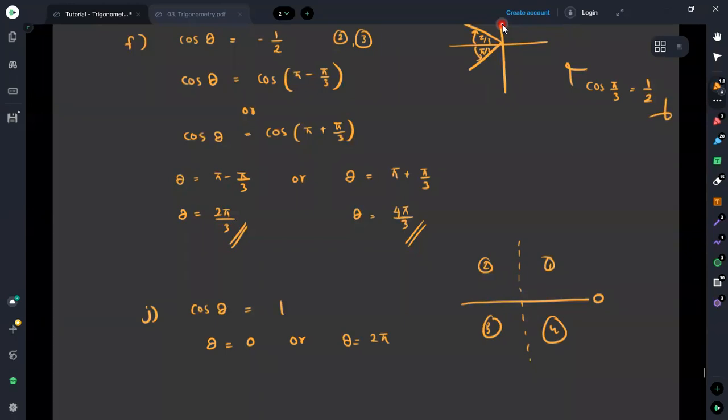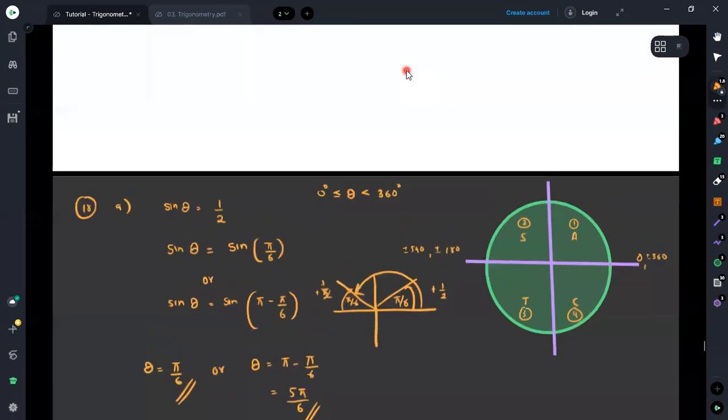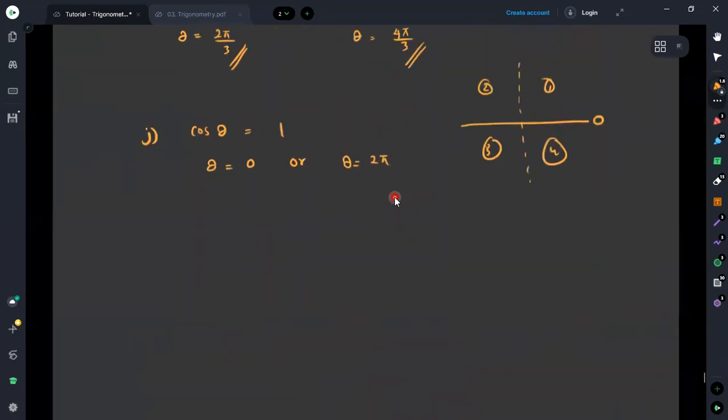But it is given that theta cannot have the value 2π. It must be less than 360 degrees. Therefore, we cannot consider this part, since theta equal to 360 degrees does not satisfy the condition that theta should be less than 360 degrees.